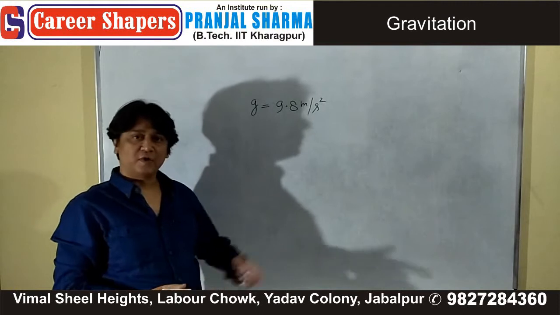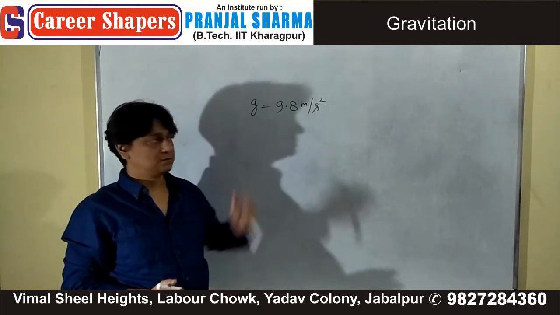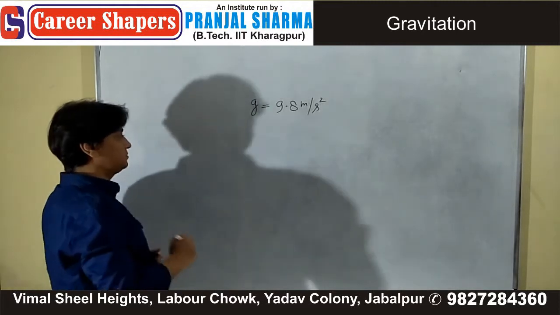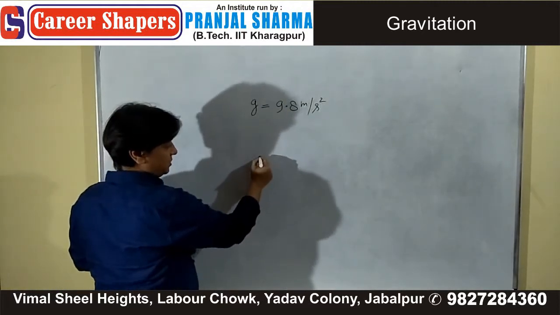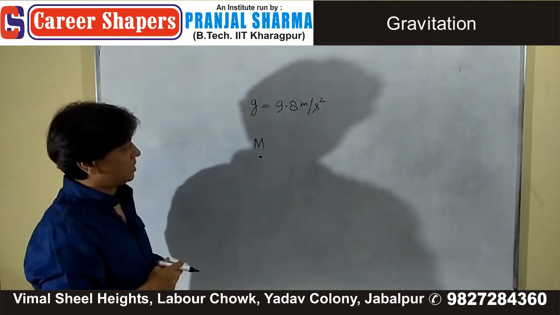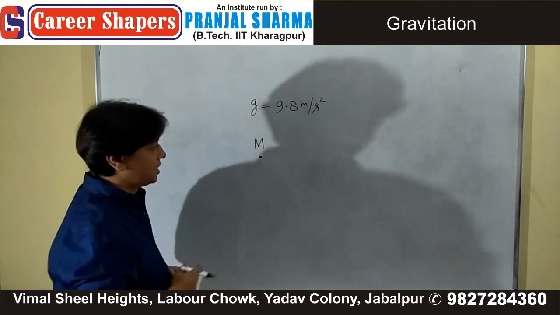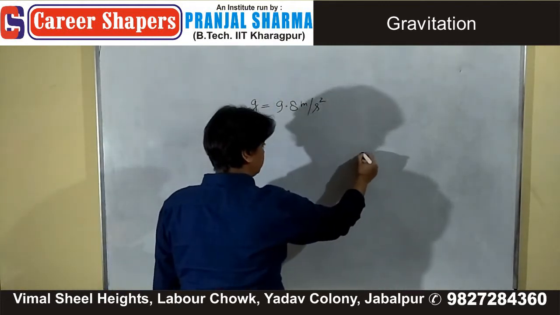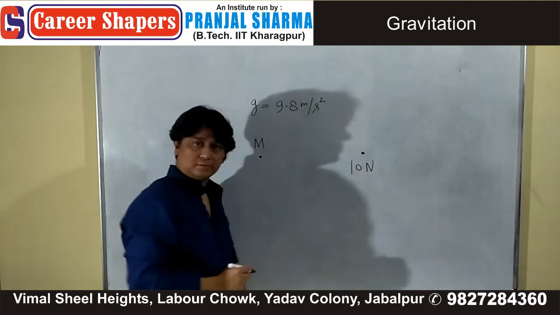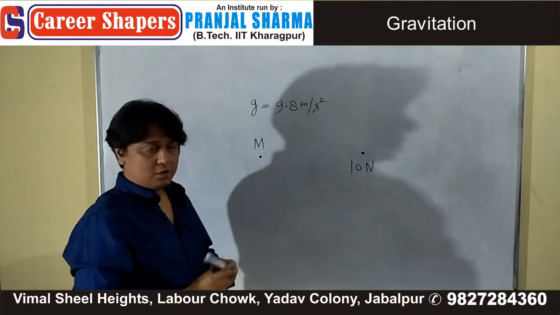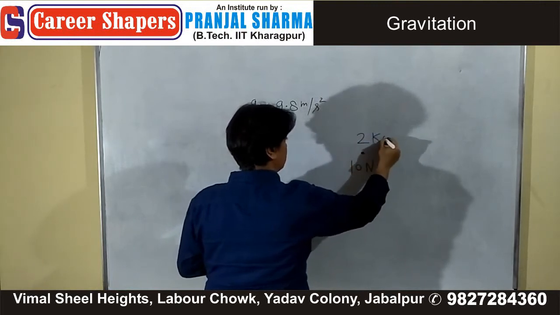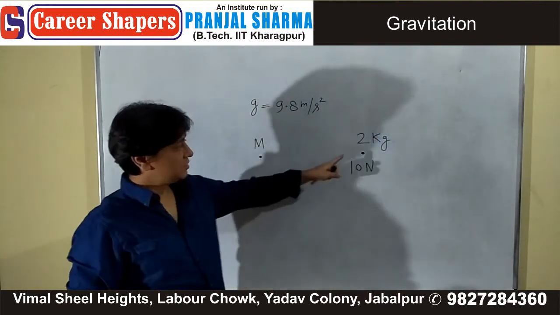We are interested in finding what basically g is. Look at this example. Suppose we have a mass m, and this mass m exerts a force of 10 newtons on another mass of 2 kg, which is placed at this point.